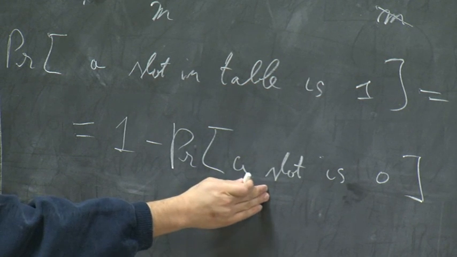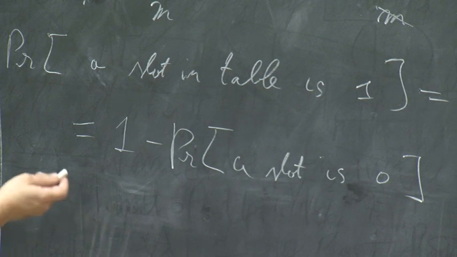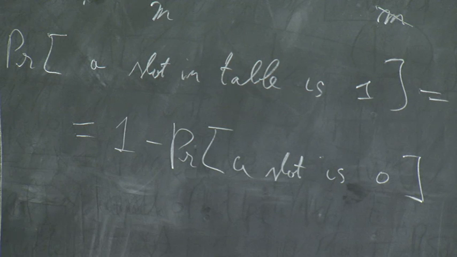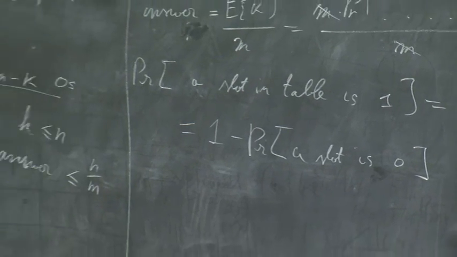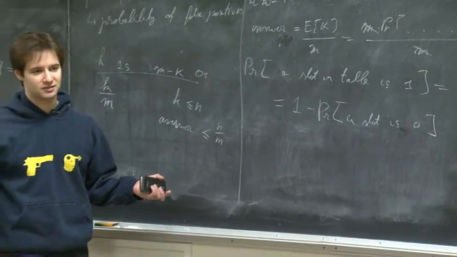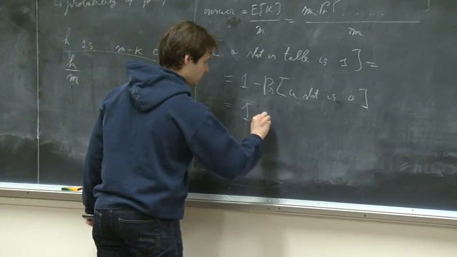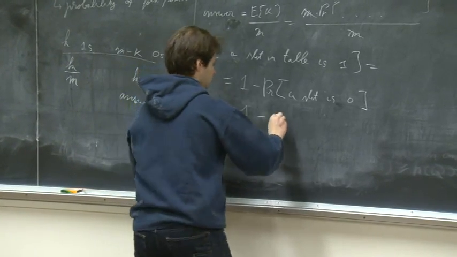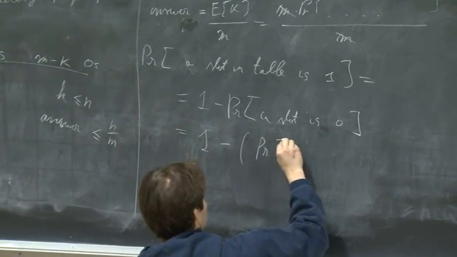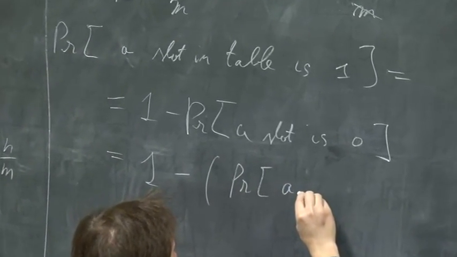Because once we're here, a slot is 0 if none of the insertions made it a 1. And the insertions are all independent. So this is like flipping a coin. What's the probability that after you flip it 10 times, you never get ahead? So this is 1 minus that.